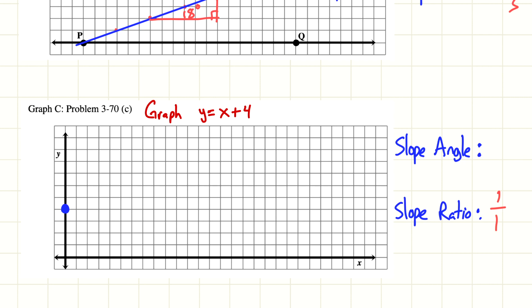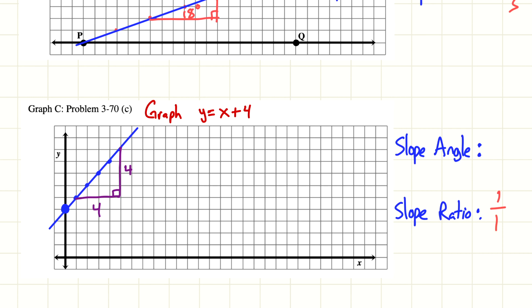The question is, what's the slope angle? All right, so let's draw that. So I'm going to go up 1/1, rise over run, and this is going to give us a straight line like this. And what if we draw in a slope triangle here? What's the measurement of that angle? So if this is 4 and this is 4, which reduces to 1/1, what's the measurement of this angle?